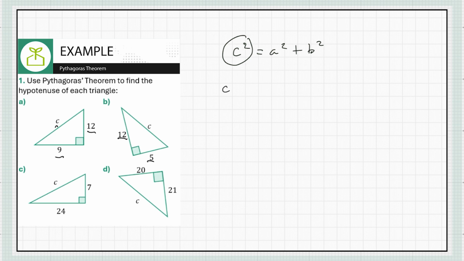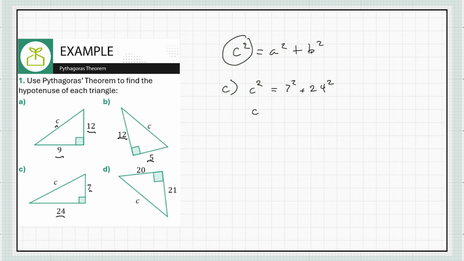Alright, now that we have a basic idea of how to do this, what I'm going to do is show you a way in which you can do this in a single step. So again, for c squared is equal to 7 squared plus 24 squared. Now we don't have to do this or solve these immediately.